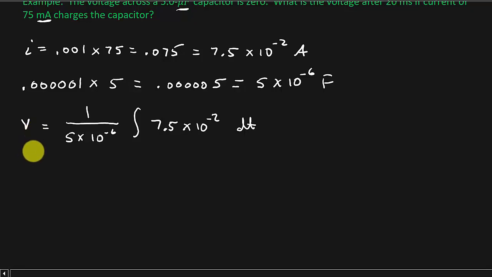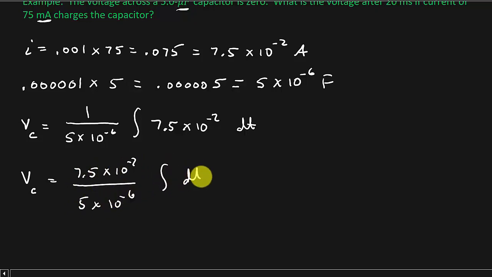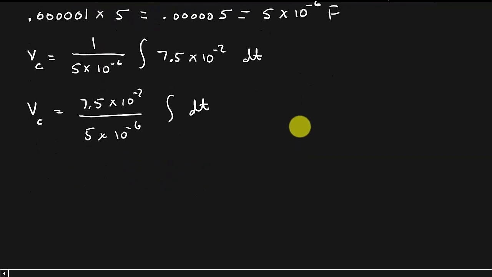All right, and we could actually make our life a little easier by bringing this constant term out. So let's go through the steps here. That's 7.5 times 10 to the negative 2 over 5 times 10 to the negative 6 dt. What's 7.5 divided by 5? That's 1.5.